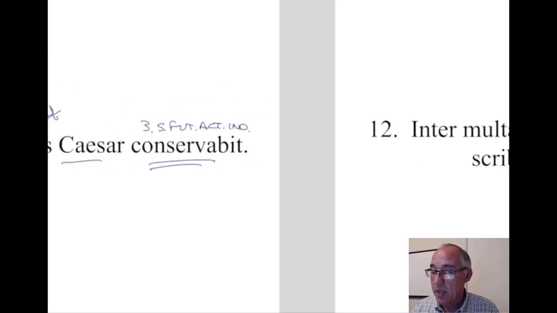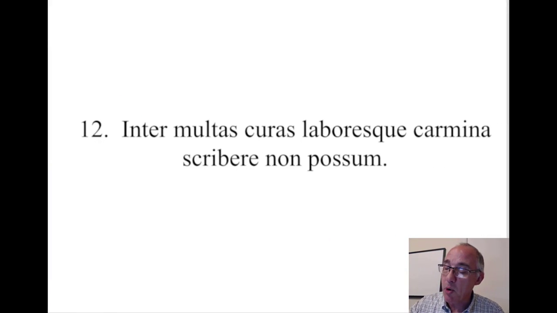Fine. Inter multas curas laboresque carmina scribere non possum. Inter multas curas laboresque. There we go. That's a prepositional phrase. Let's get that out of the way. Possum. I am not able. I am not able what? Complementary infinitive, to write. I am not able to write what?